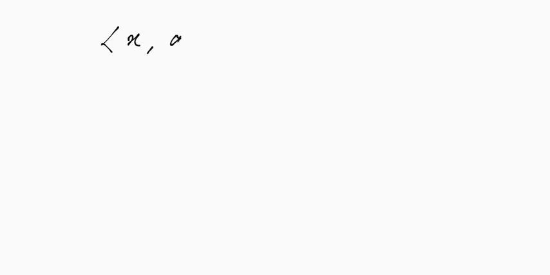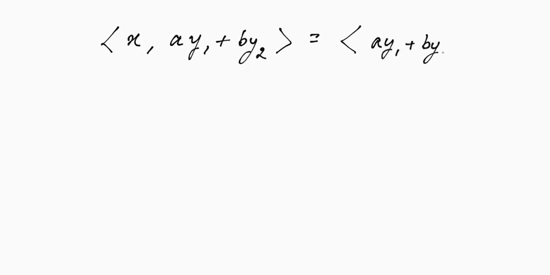Let's consider inner product (x, a y1 + b y2). Now using the third property, we know that this is the same as the conjugate of inner product (a y1 + b y2, x).